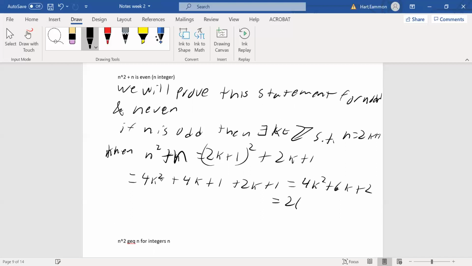That is equal to 2 times (2k squared plus 3k plus 1). Because this guy is an element of the integers, it's just the sum of multiples of integers, therefore it's an integer, and it's being multiplied by 2, therefore this is even.